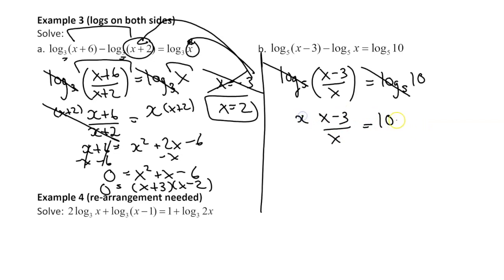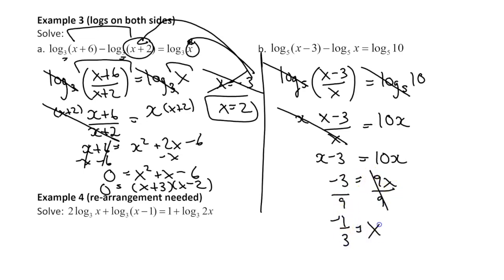Multiply both sides by x: x minus 3 equals 10x. So x is going to end up being negative 1/3, and you only get one solution here.